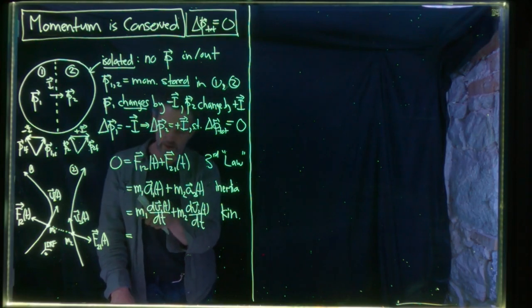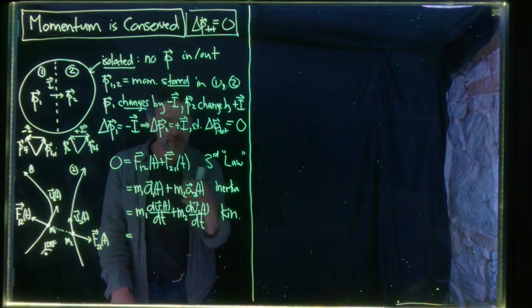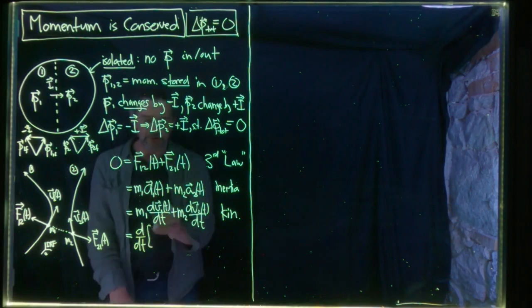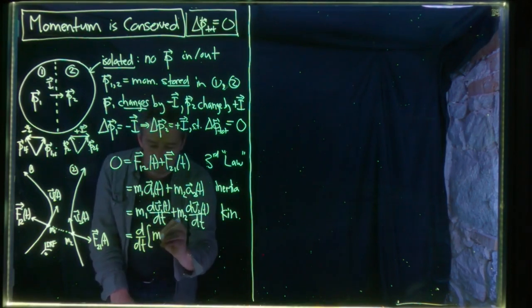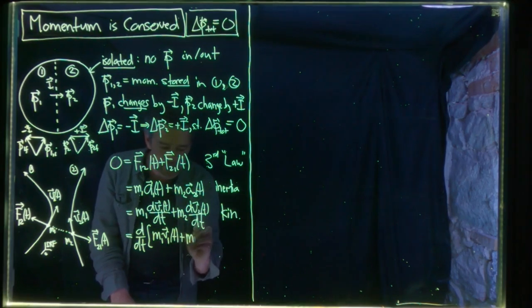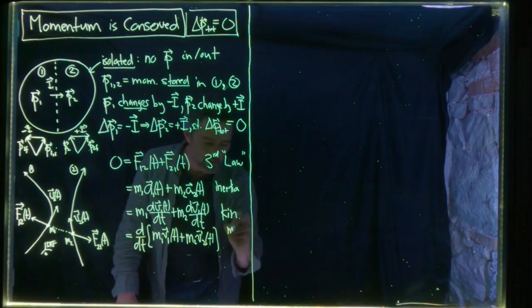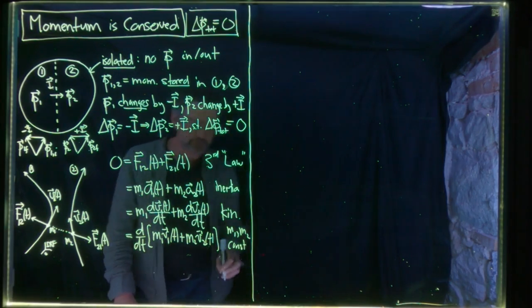Mass times the time derivative of velocity is the same as the time derivative of mass times velocity. So we can pull the time derivative outside of the whole thing. So this is d by dt of m1 v1 of t plus m2 v2 of t. This is assuming that m1 and m2 are constant.